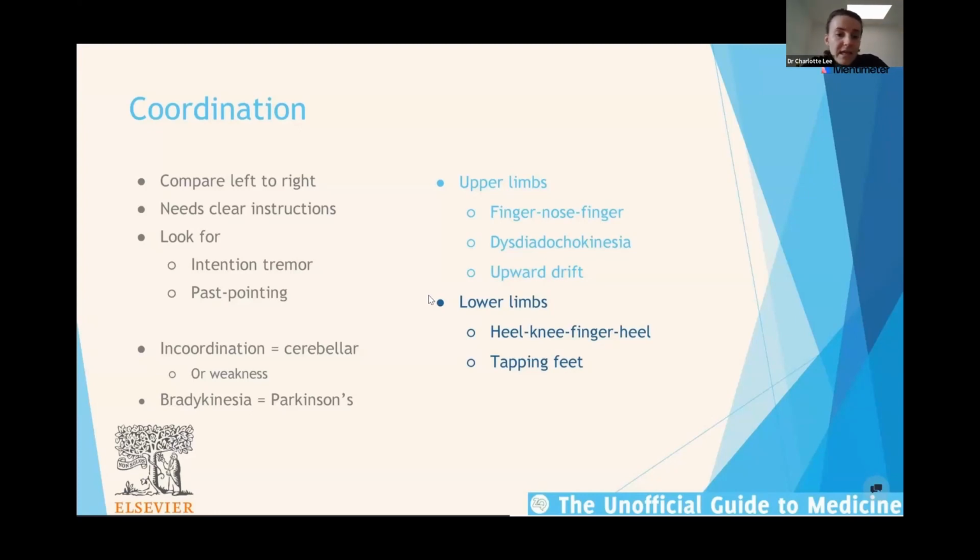Any incoordination can suggest a cerebellar lesion, or it can suggest muscle weakness. If someone's got some significant muscle weakness, then there might be some tremor just purely from the weakness. And then bradykinesia, if they're doing things very slowly, then again, that's a suggestion of Parkinson's disease.